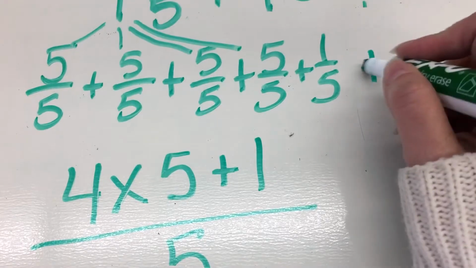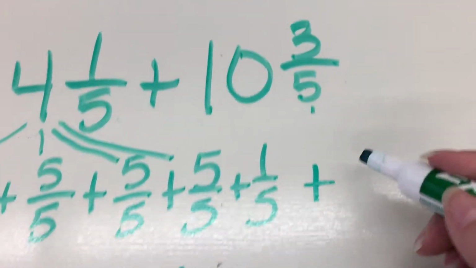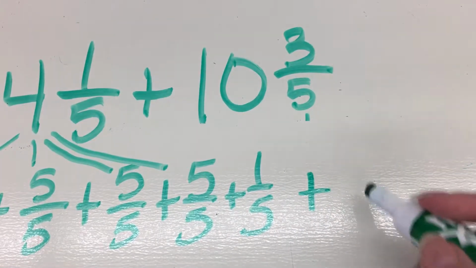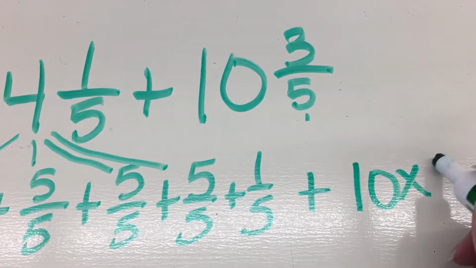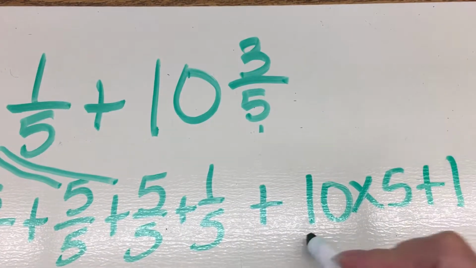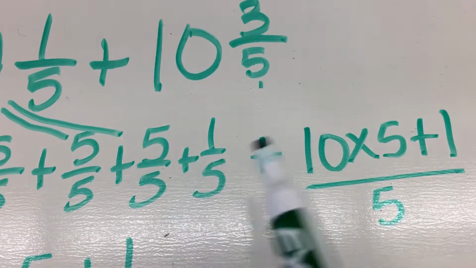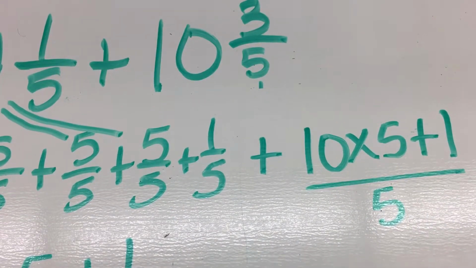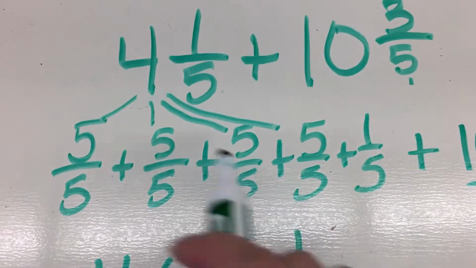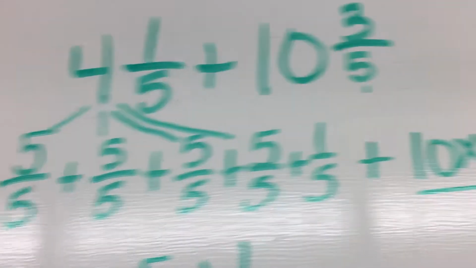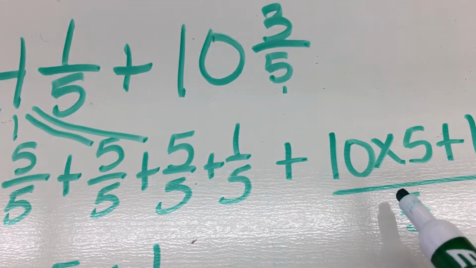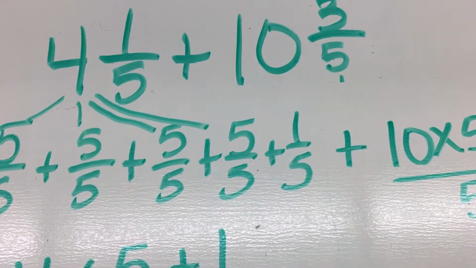Then we would do that same thing for the 10 wholes. Now you can see here how the 10 times 5 plus 1 all over 5 would be so much faster than writing 5/5 10 times. So we're moving from the more concrete to the abstract. So that's what we're doing when we're doing this.